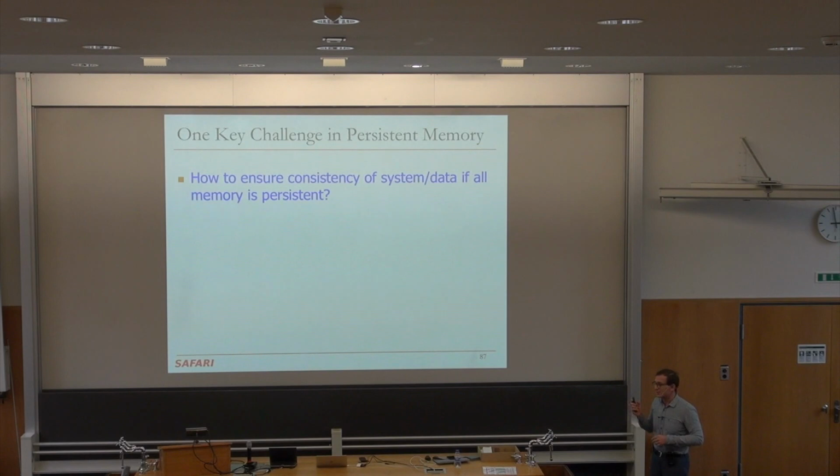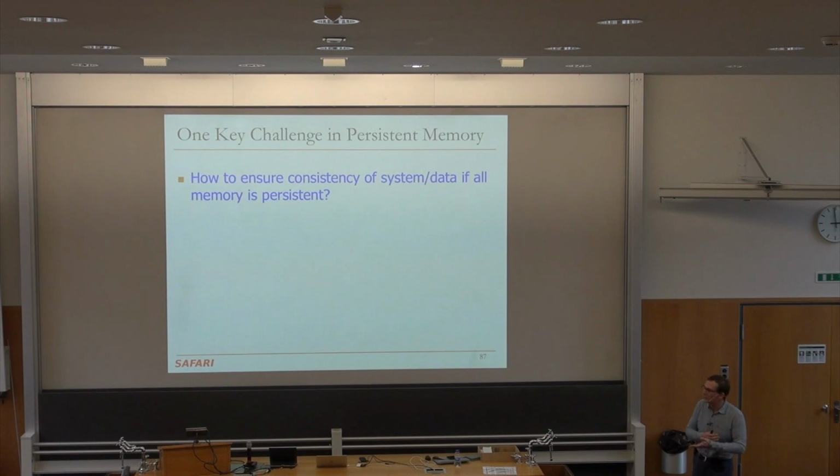Okay, maybe I'll stop with this question. Basically, the next question is, how do you ensure consistency of the system and data if all of your memory is persistent? This becomes a problem because if you have a persistent memory system, your system crashes, and you manipulated some persistent data, how do you ensure that whenever you restart the system, everything is consistent, meaning that your program will run correctly after that?